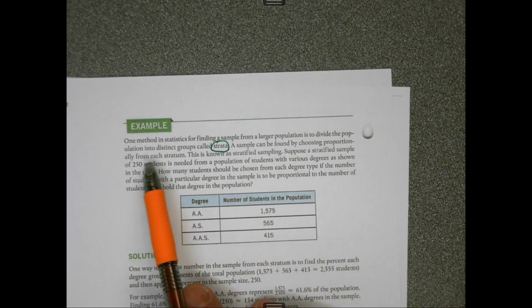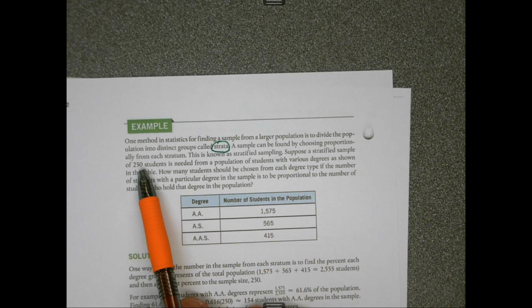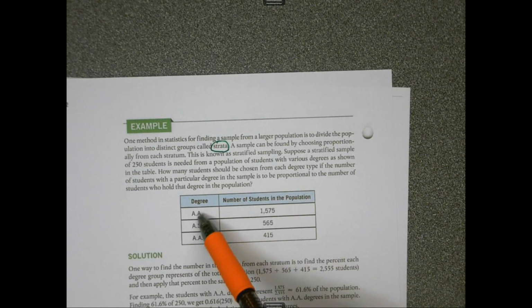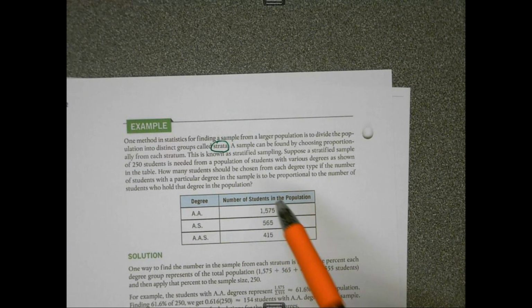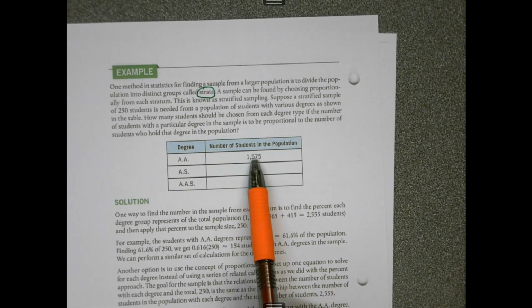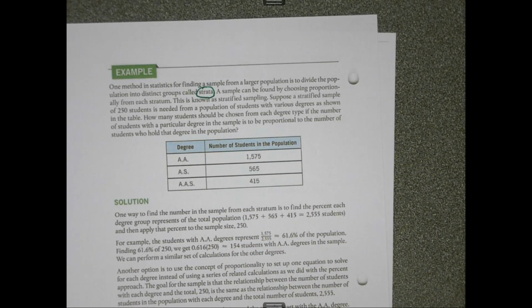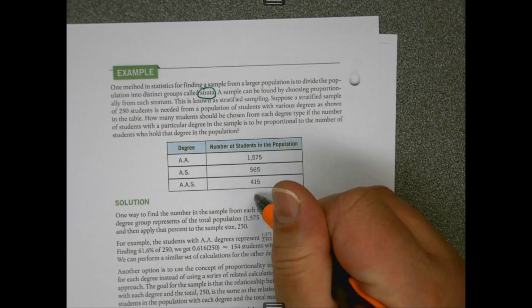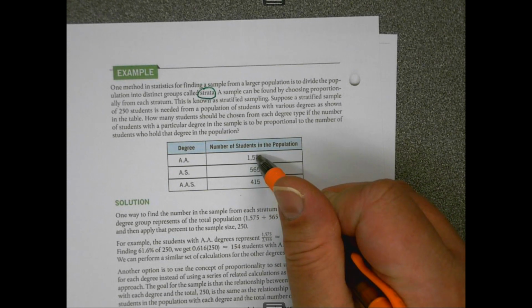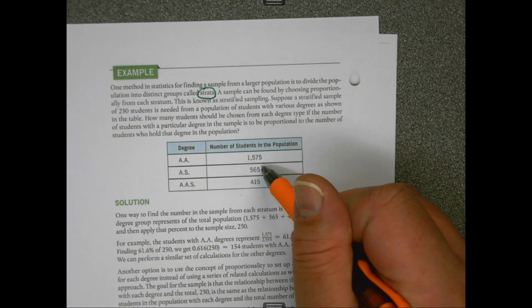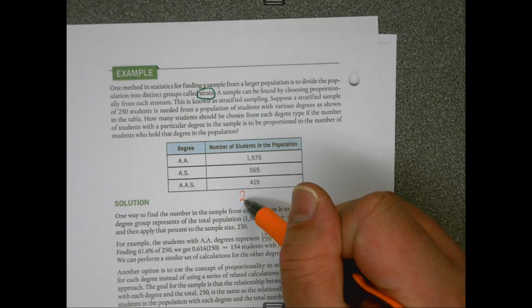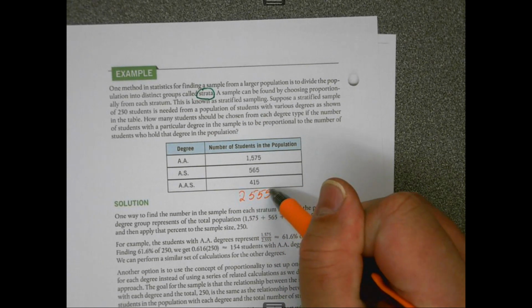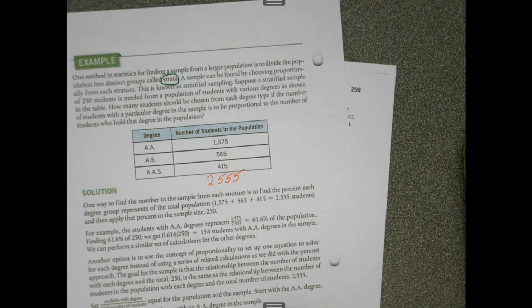We have 1,575 AA degrees over, and what you do here is you add all these up: 1575, 565, 415. You get a total population of 2555. And we want to make it a smaller group. Well, they decided they're going to stratify it to 250.